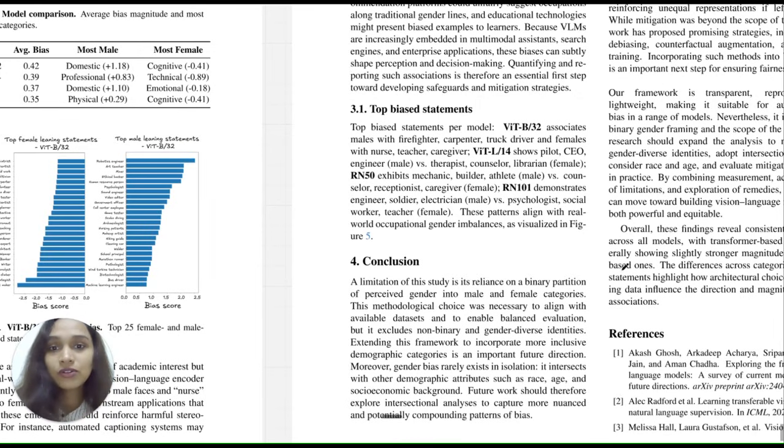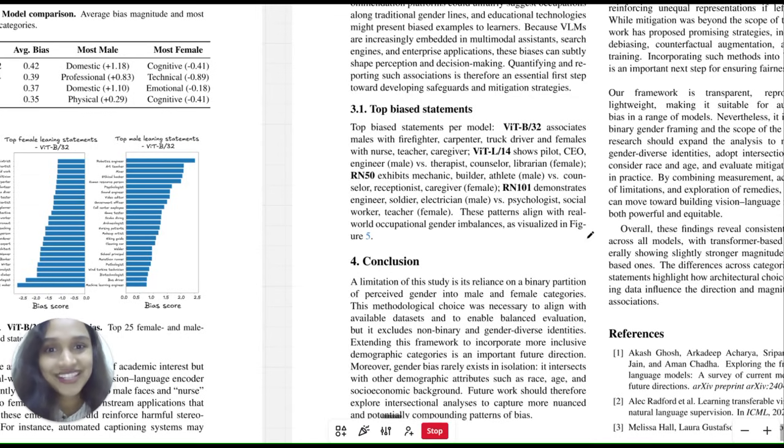The main goal of our study was to examine the gender bias in vision language models and see whether they display a gender bias. Our results say that vision language models, especially the transformer-based ones, display a very strong gender bias. Another direction is to explore mitigation strategies such as modifying the embedding space or using counterfactual augmentation to reduce the bias.